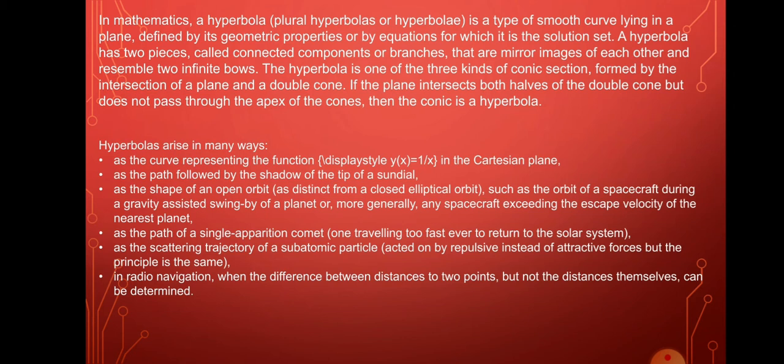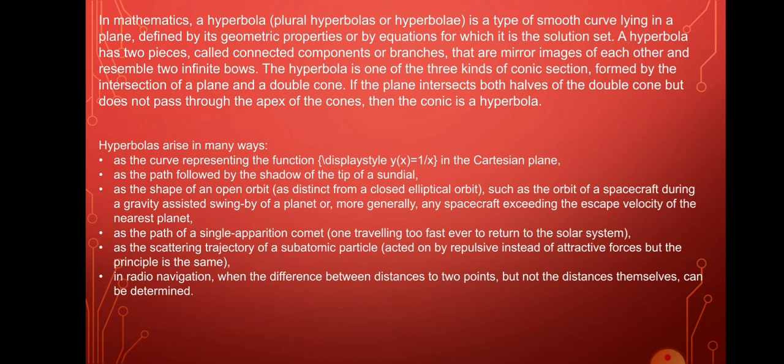As the path of a single-apparition comet, one travelling too fast to ever return to the solar system. As the scattering trajectory of a subatomic particle acted on by repulsive instead of attractive forces, but the principle is the same. In radio navigation, when the difference between distances to two points, but not the distances themselves, can be determined, and so on.